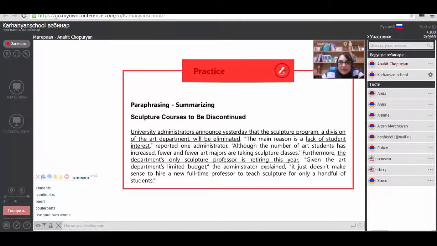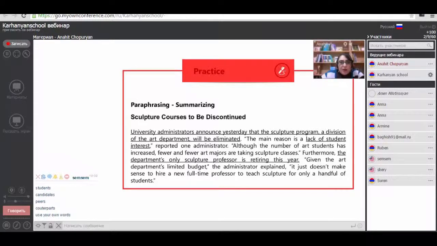I'm reading this passage for you, and I have identified the most important information here. Sculpture courses to be discontinued. University administrators announced yesterday that the sculpture program, a division of the art department, will be eliminated. The main reason is a lack of student interest, reported one administrator.